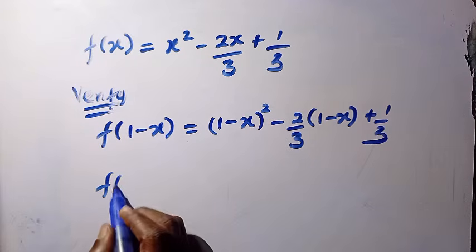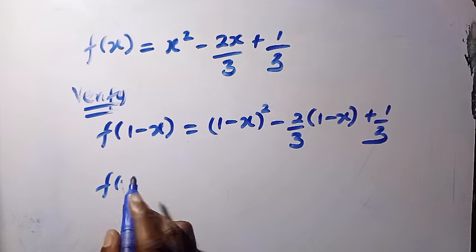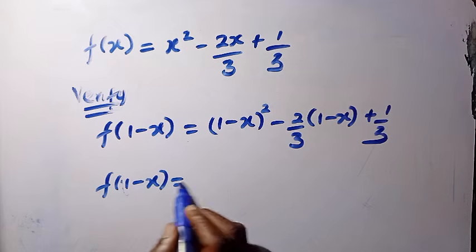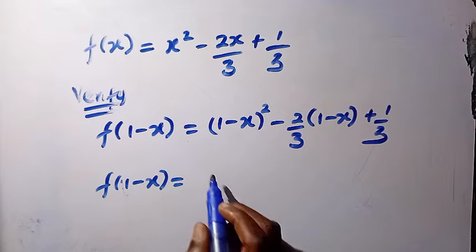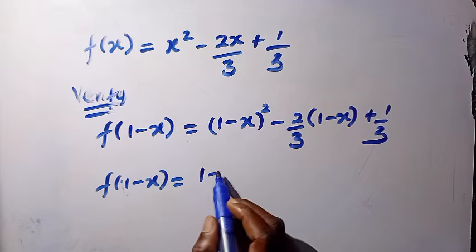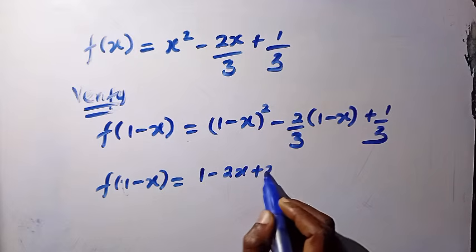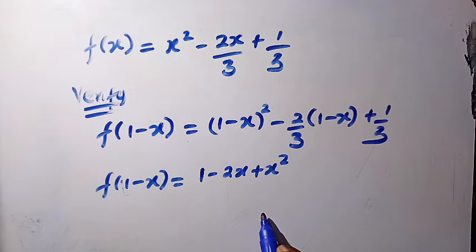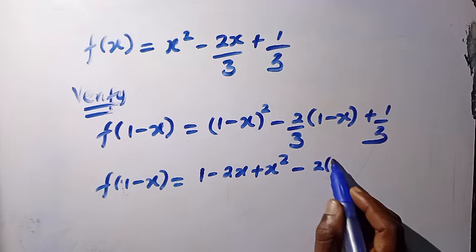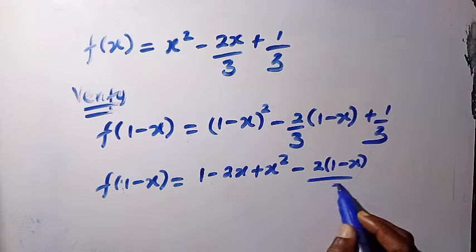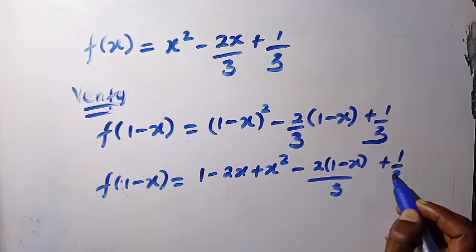So with this, if I expand this one out, we are going to have 1 minus 2x plus x squared, then minus 2 into bracket of 1 minus x over 3 plus 1 divided by 3.